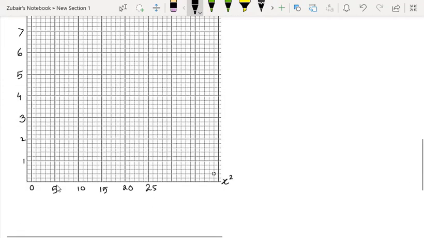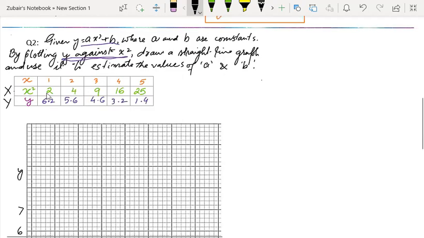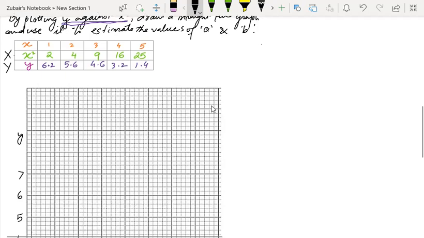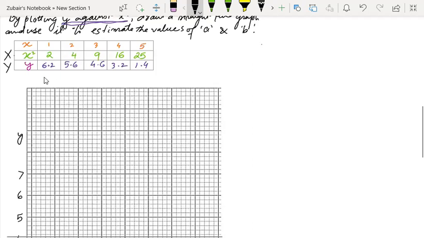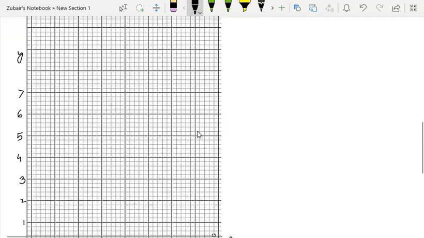Okay, so now I have taken the x values as given here. The values of x square are 2, 4, 9, 16, and 25. So x square will be represented by capital X and y will be represented by capital Y. Either you write capital X instead of x square, but that should be clearly mentioned somewhere on the graph or on your page that it is representing x square.